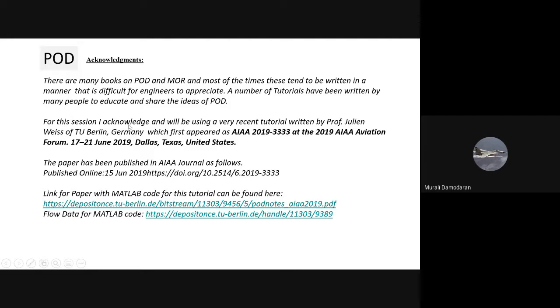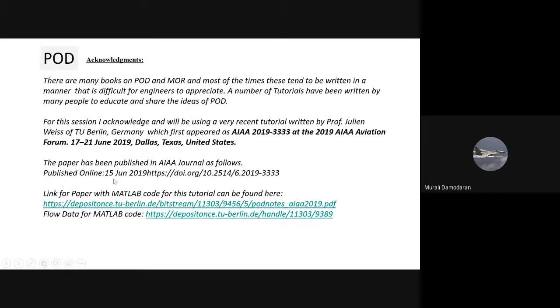So I acknowledge that I will be using this recent tutorial written by Professor Julien Weiss of TU Berlin, Germany. He wrote a tutorial on POD directed at engineers. It appeared as this paper in the 2019 AIAA Aviation Forum in the US.